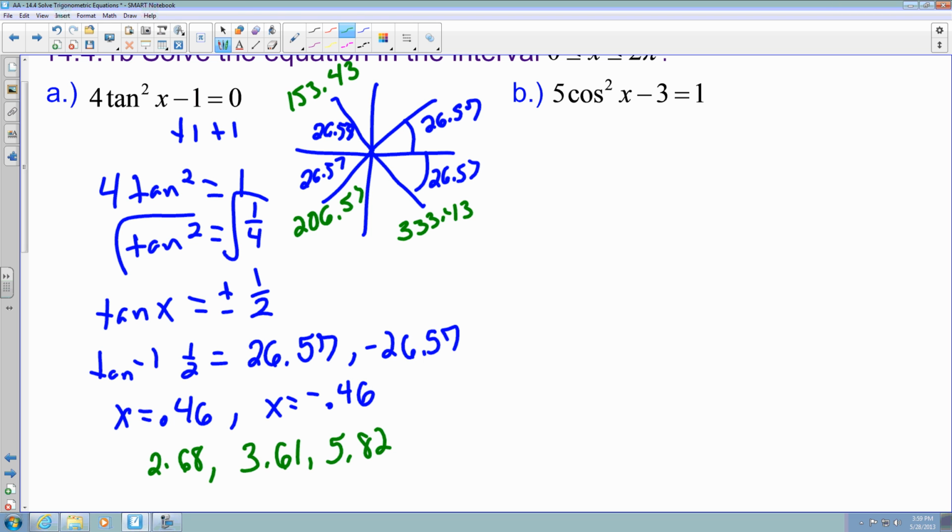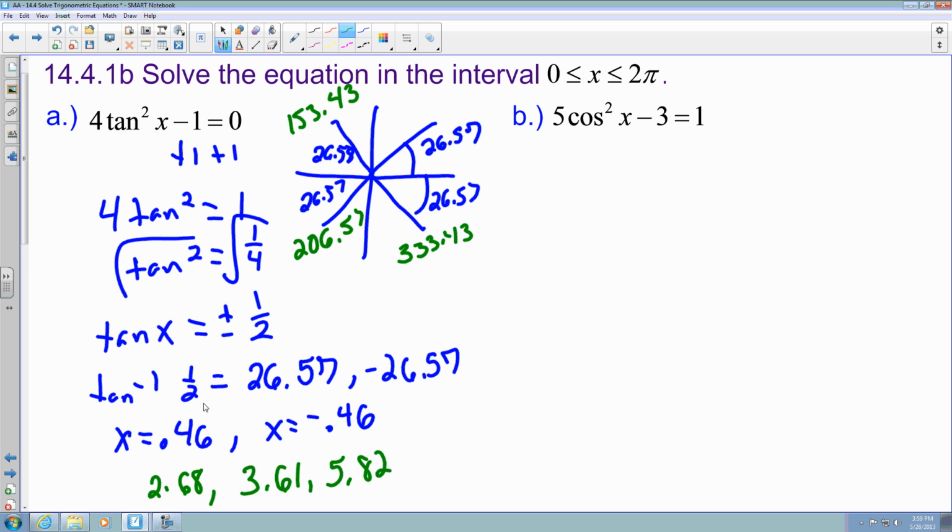Let's give one more try. Let's give B a try. So if I have 5 cosine squared x minus 3 equals 1, I'm going to add 3 to both sides. So I get 5 cosine squared x equaling 4, then I'm going to divide by 5, so I get cosine squared x equaling 4/5.